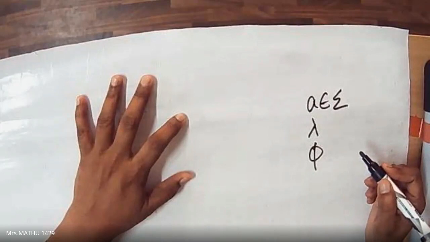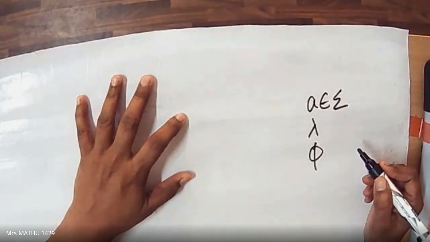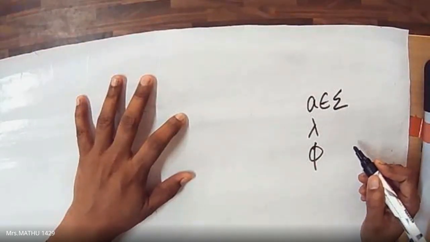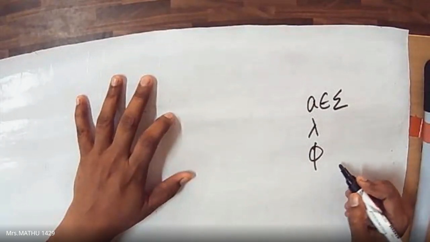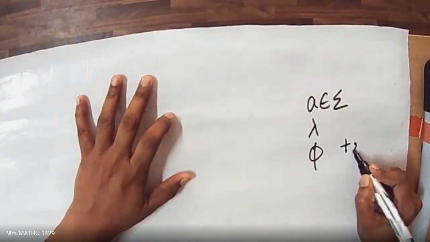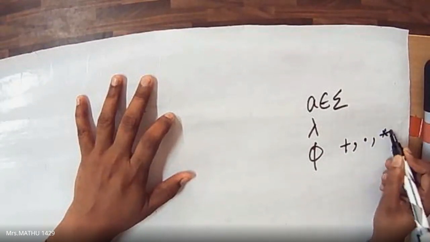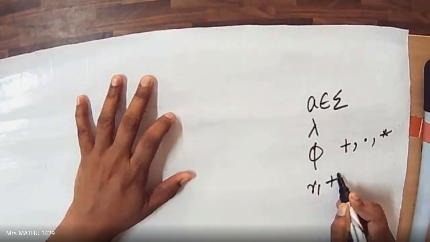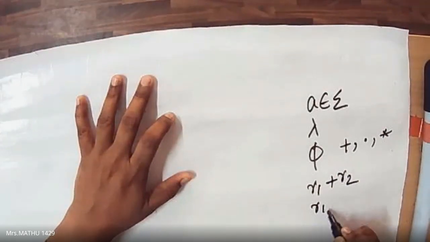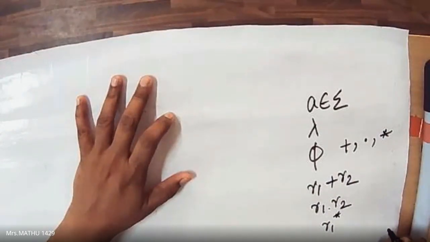All these are primitive regular expressions, and from these we can construct other regular expressions using the operators plus, dot, and star. So we will have R1 plus R2, R1 into R2, and R1 star.